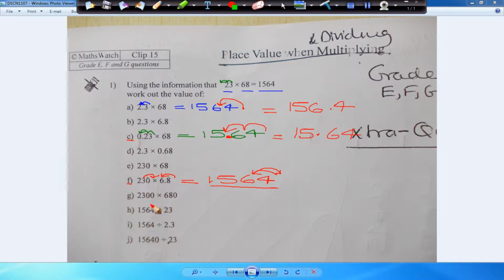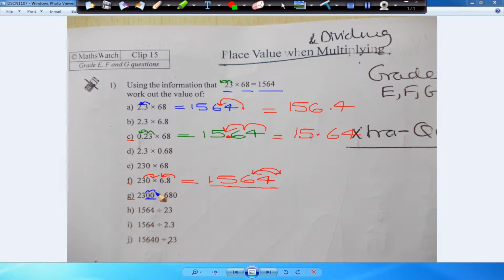Okay, now let's have a look at this next question. It's a good one, G. So in G, we started off with 23, so 23 became 2,300. So they made this part of the question 100 times bigger.